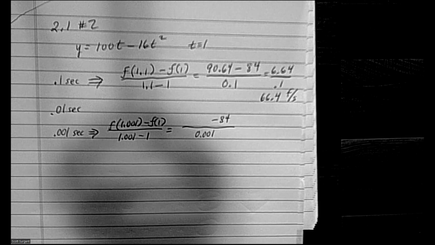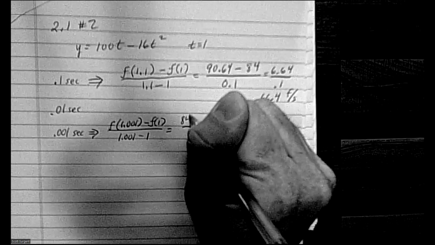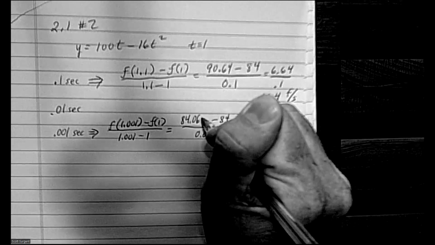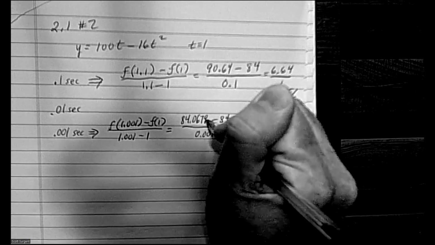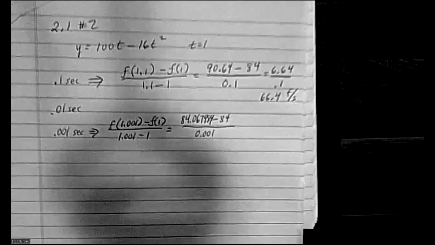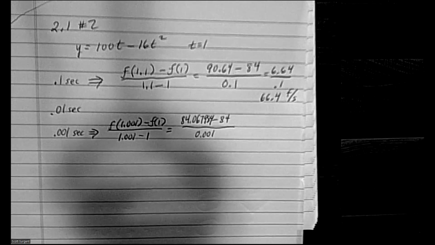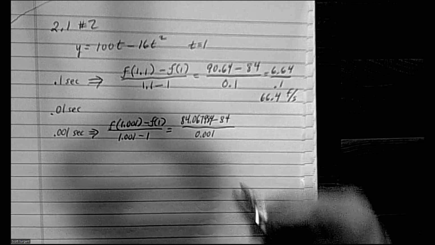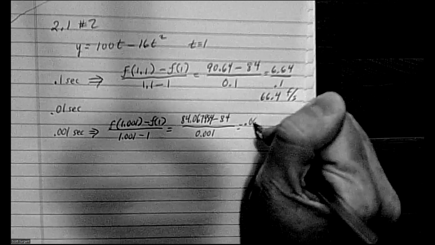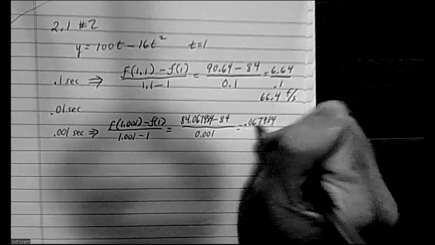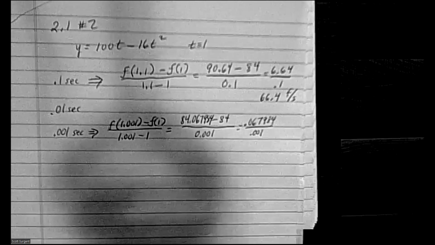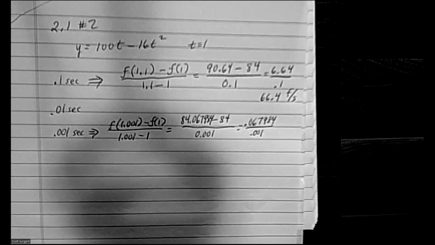And I get 84.067984. So when I subtract, and I don't want to drop any decimals here, I get 0.067984 divided by 0.001. I get 67.984.